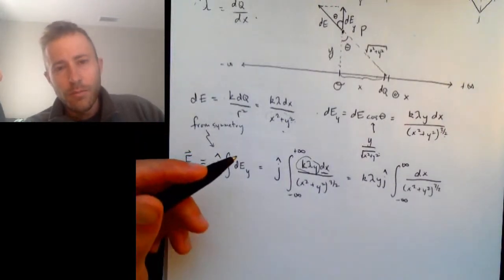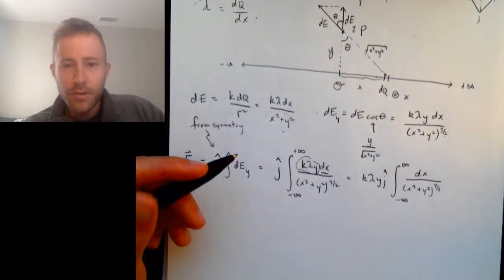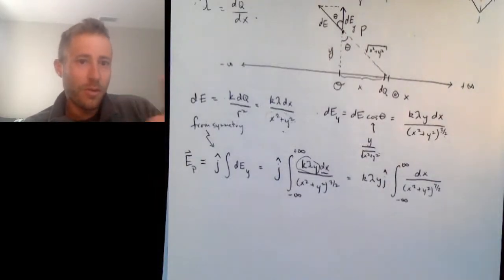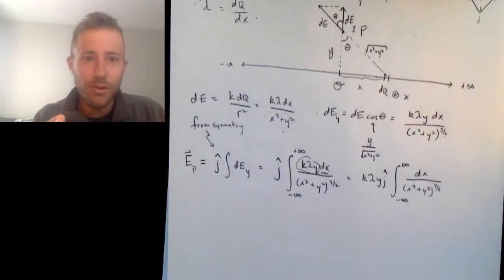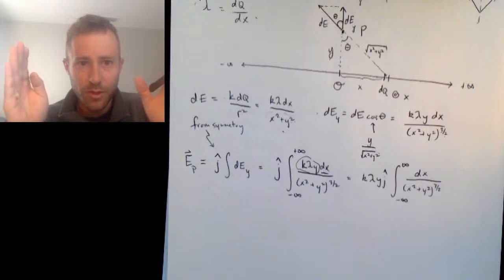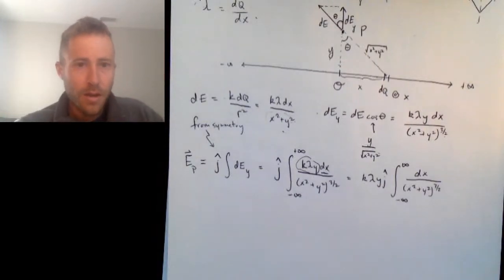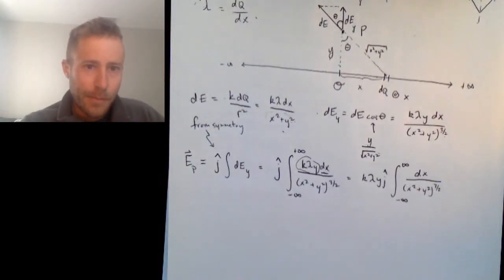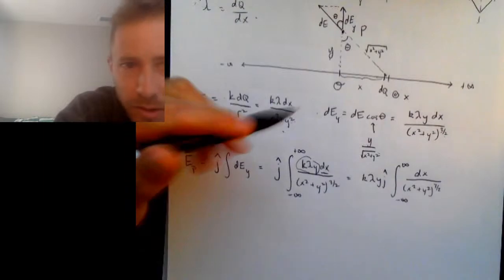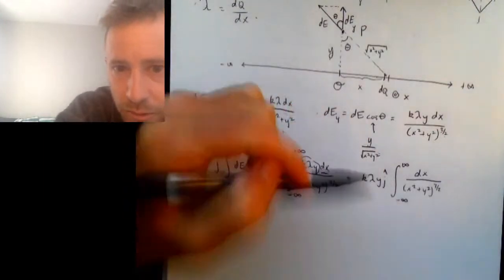This integral is trickier than the one for the x component of the electric field. If you go to the last lesson, we calculated the x component of the electric field due to a segment of a line of charge. But this is the y component, and the integral is a little bit trickier.